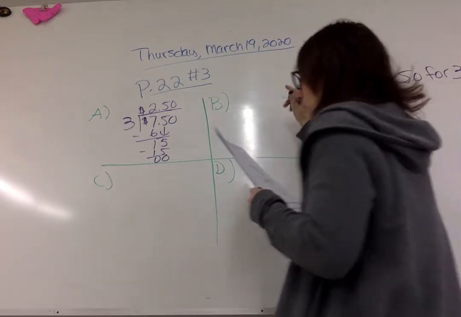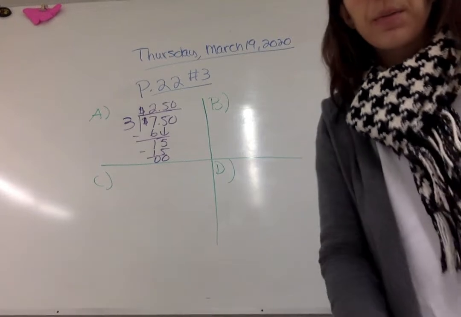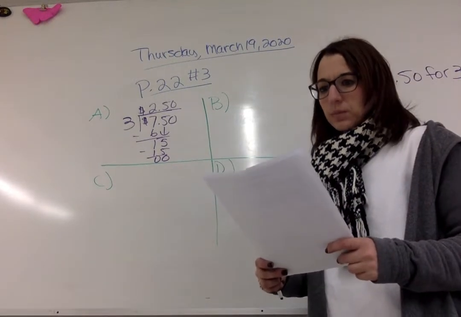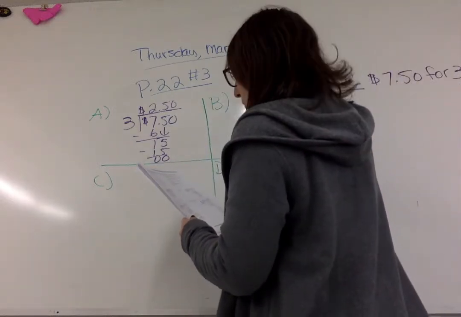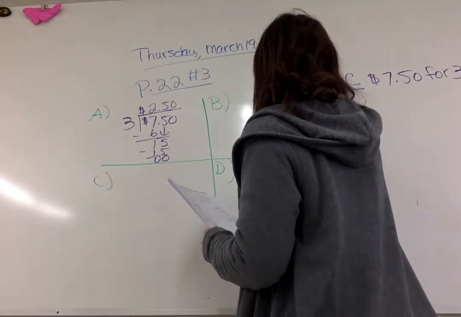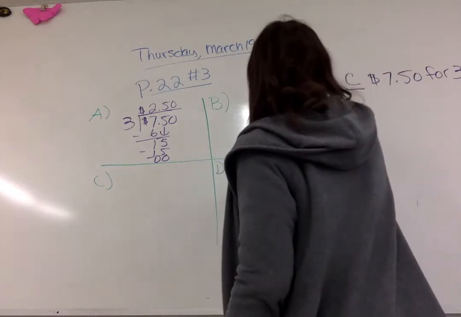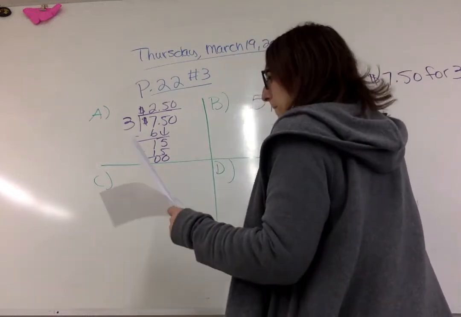Let's look at the next one. If I have $3.75 for 5 pounds, I need to figure out the unit rate. So I'm going to divide $3.75 by 5. And when I do the division, I arrive at 75 cents per pound.